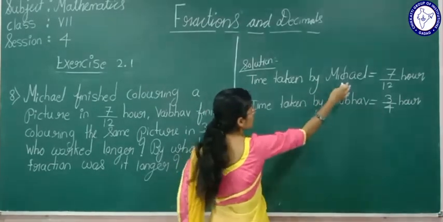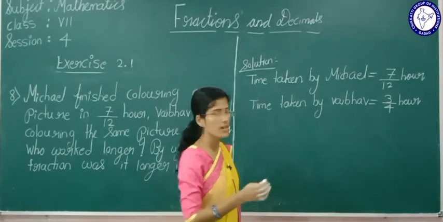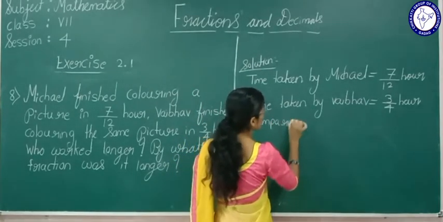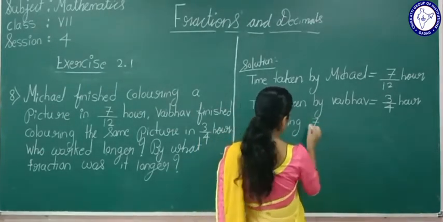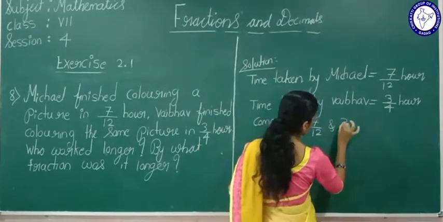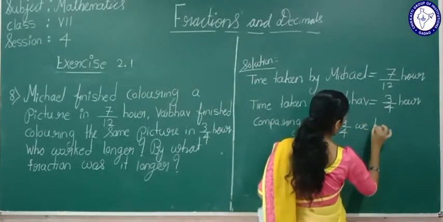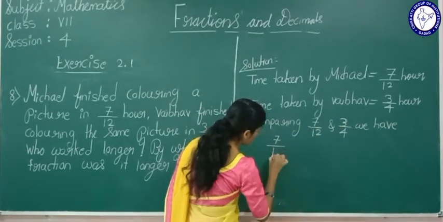See, to compare this, we want the like fraction, but these are unlike fractions. So comparing 7 by 12 and 3 by 4, we will convert this.